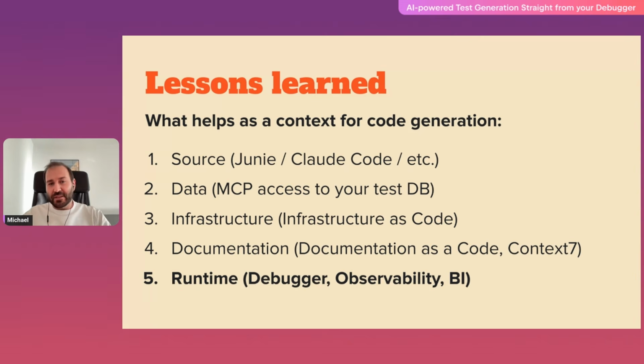So first, of course, it's the source code, as I said, and here are different approaches. Claude Code, as far as I know from reverse engineered documents, is using grep and ls just to navigate through your code base and find the relevant pieces, which it includes into the prompt. Maybe, I'm not sure about Junie, maybe Junie uses PSI, the program structure interface, which is basically a tree to traverse and find the relevant pieces of your code.